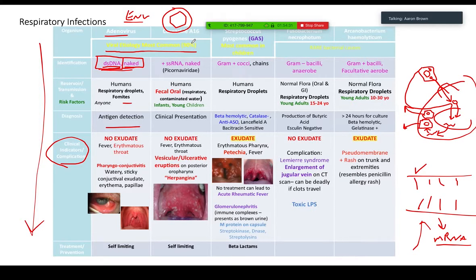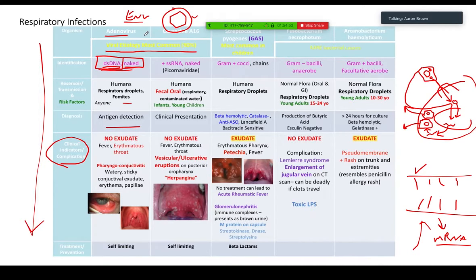What's nice about a naked virus is that since it doesn't have an envelope, it doesn't need one. So say someone has an adenovirus upper respiratory tract infection and they sneeze, and a little bit of naked virus lands on the table. Because it doesn't require any envelope, it doesn't require fluid to be around it.